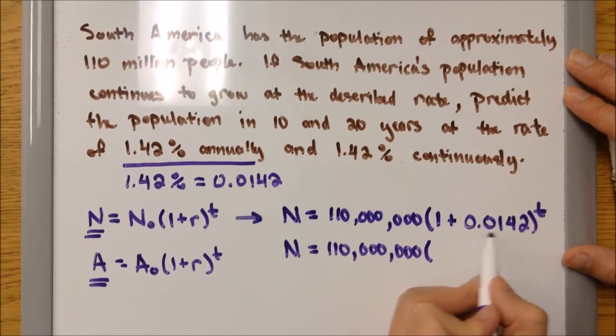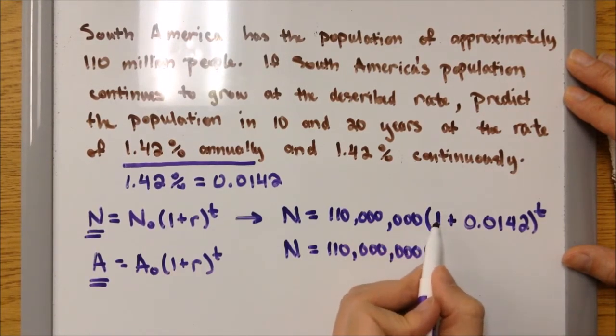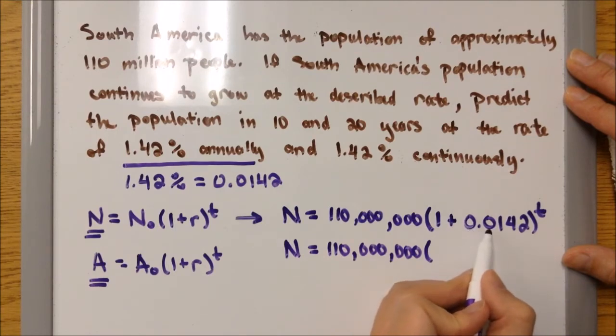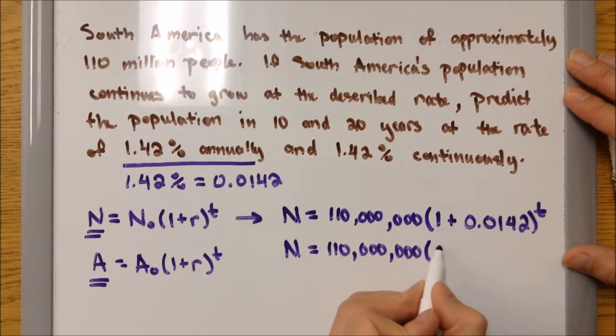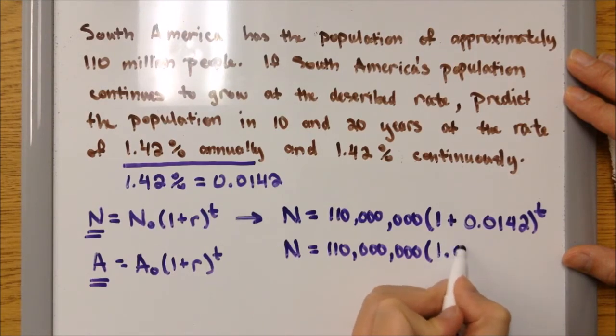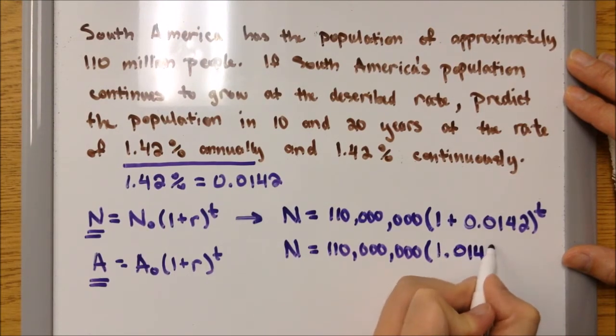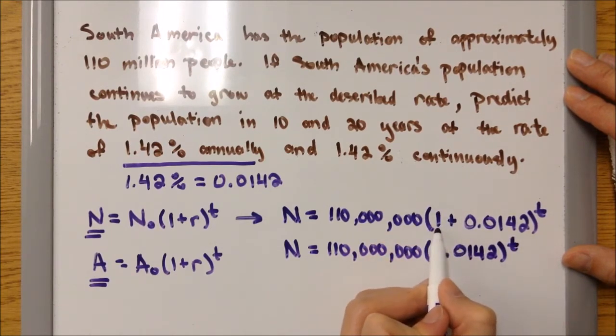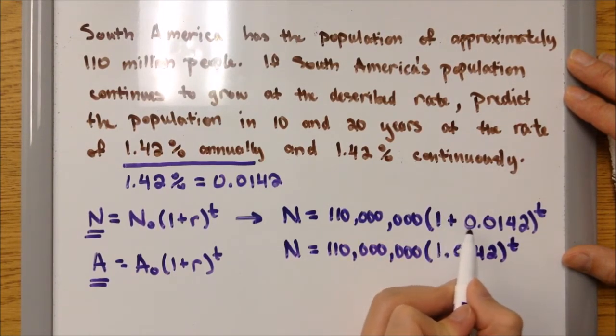Not these two. These are after the decimal. So when it's 1 plus 0.0142, it simply becomes 1.0142 to the power of t. Again, I only added the 1 to this 0 whole number. So any number before the decimal is the whole numbers.